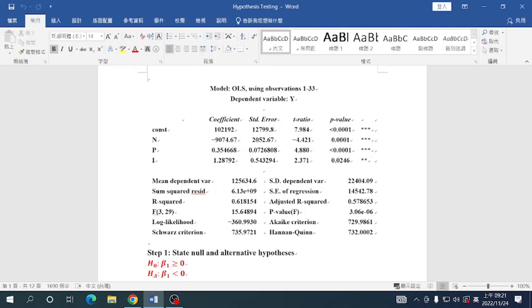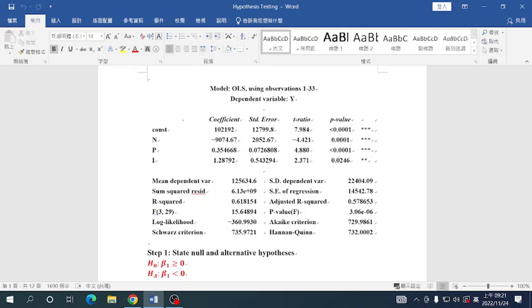Okay, the F test shows 15.65, so I just write it down, 15.65. This is the F distribution, and the p-value shows here. Everything you can read from the table; the information is all from the output.